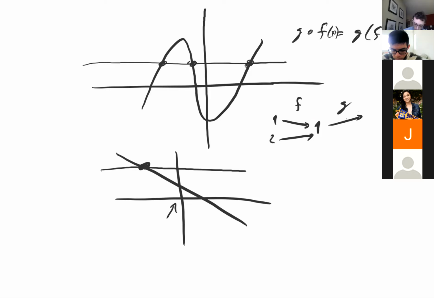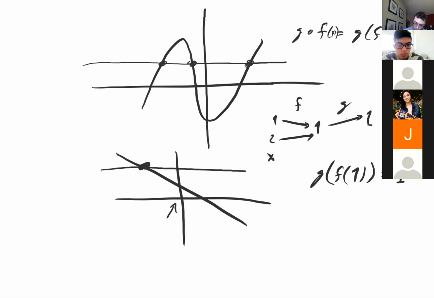But what would g have to do in order for g composed with f to give you back x? So this is your x. So it means that g of f of 1 has to be 1, right? So that means that 1 gets sent to 1, and 1 has to get sent back to 1.